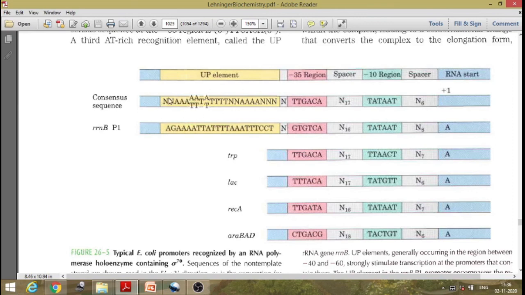And this UP element is not present in all the genes. This UP element is present in the promoters of certain highly expressed genes. A few genes which are highly expressed in bacteria have the UP element, which is an AT-rich recognition element.